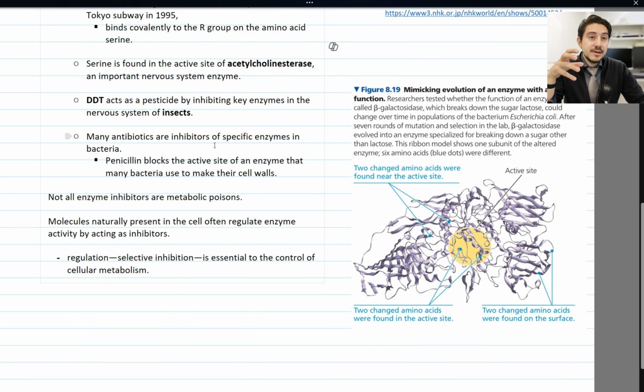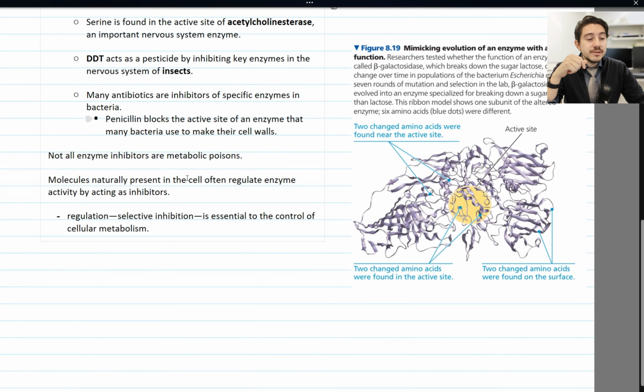They inhibit specific enzymes in bacteria that can alter the function for synthesis of bacterial cell walls. Penicillin. While they can have permanent damage, not all of them are metabolic poisons. So they're useful in our body, depending on what you want to inhibit.